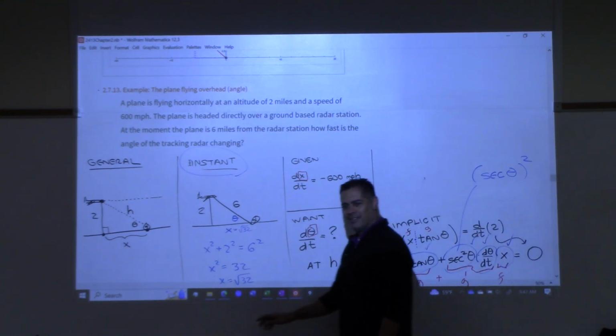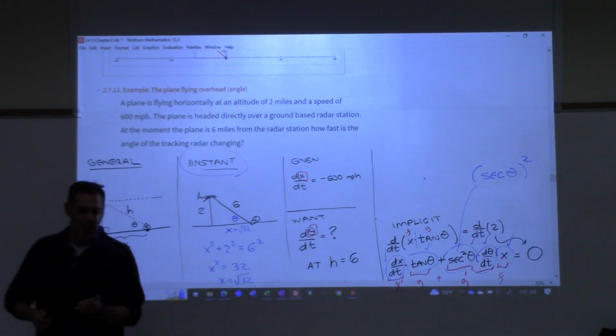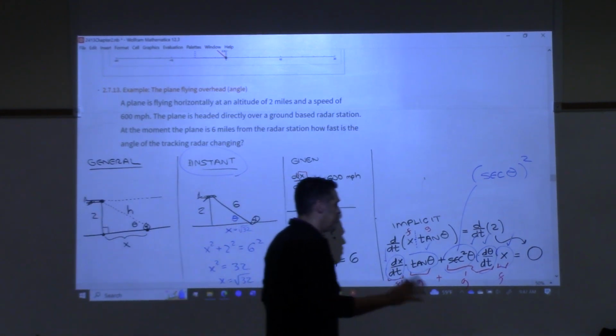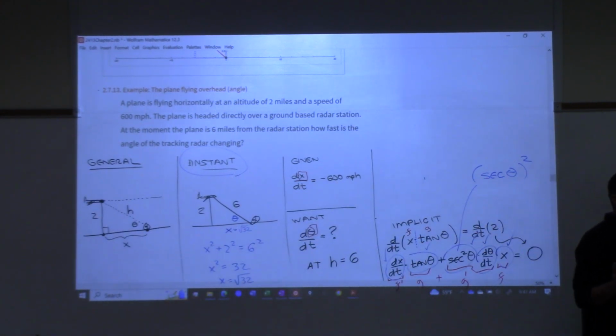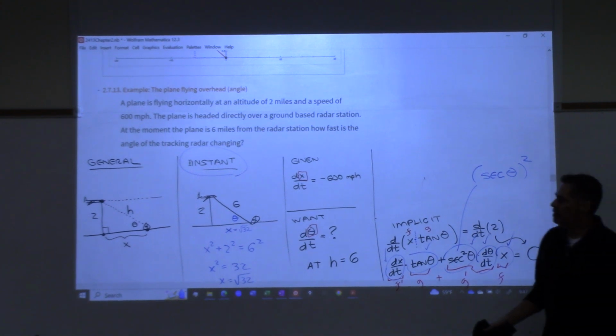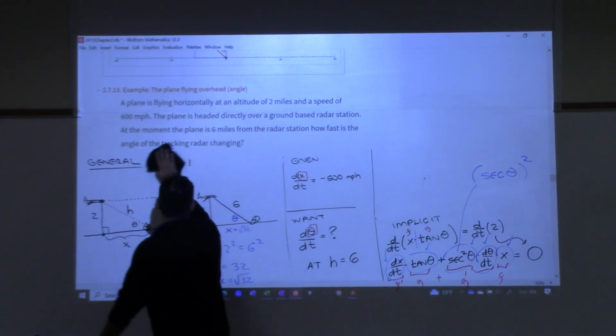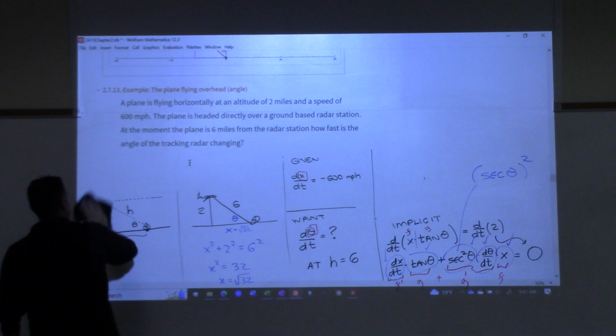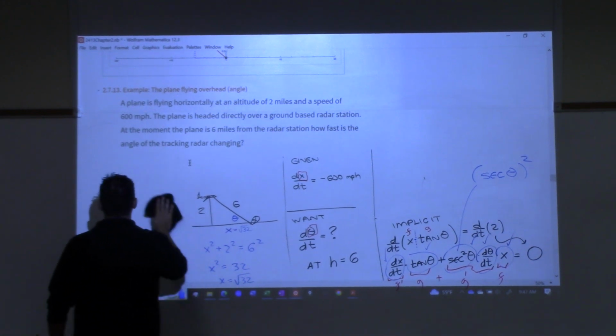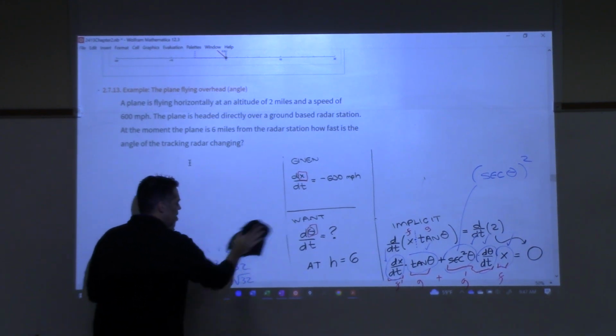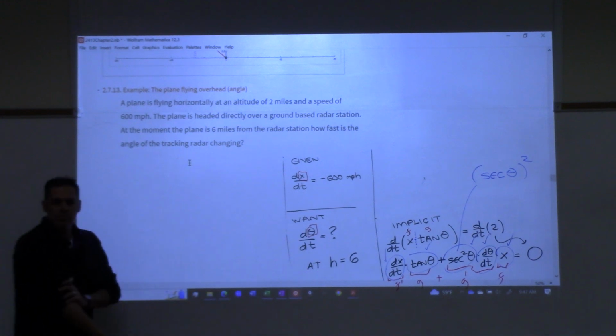Aren't these fun? No? I'm sure I said this: there are 2 sections in Cal 1 that students do not like. This is one of them. The other one is optimization, which comes later, because they're word problems as well. Anytime we do word problems, it becomes an issue. And the math is actually, there's a lot going on here. But look, a lot of you sitting there want to be engineers, computer scientists.